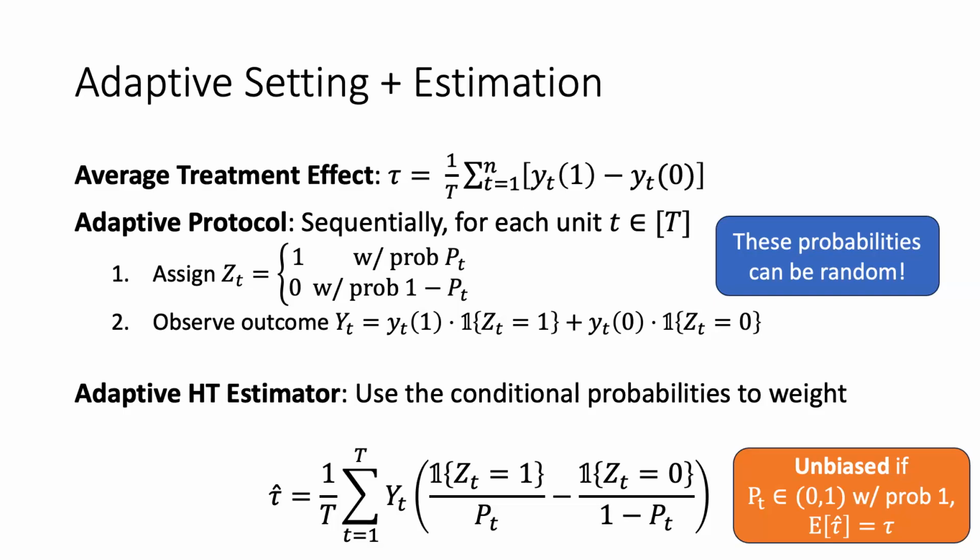I believe, though I haven't worked it out, so don't quote me on this, that if you're able to batch things, and you have a large enough number of batches growing with capital T, then this kind of stuff works out as well, but some of the rates are a little bit worse. So you're completely right that not every experiment can be run in this way, but I'm focusing on those that can.